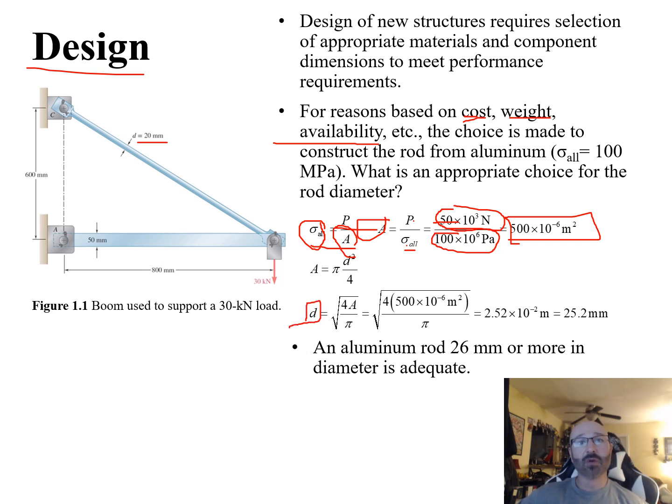So if we were using aluminum and we knew what our sigma for aluminum was, we can back out what the diameter of that rod would need to be in order to safely support that 30 kilonewton load. We do that calculation, and what we find is that the aluminum rod, if we choose to go with aluminum, needs to be at least 26 millimeters in diameter.